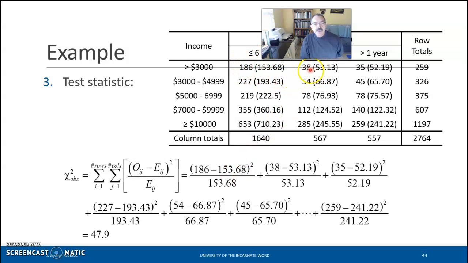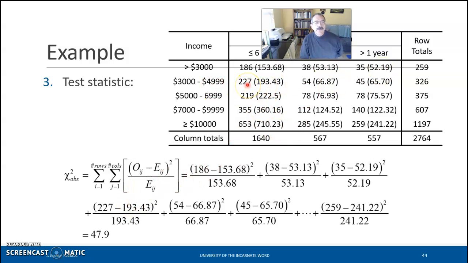For the second cell, we do, again, the observed frequency minus the expected frequency, square that and divide by the expected frequency. Then we go to the third column for the first row. So there we have 35 minus 52.19 squared and divide that by 52.19. So this gives us the chi-square value for this cell. And then we go to the second row.